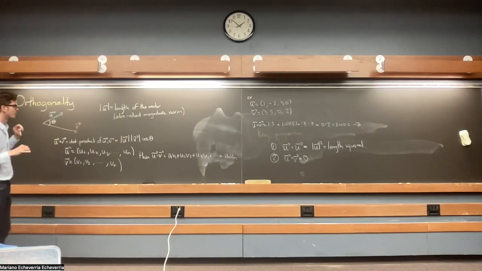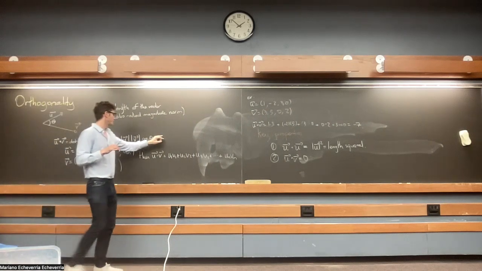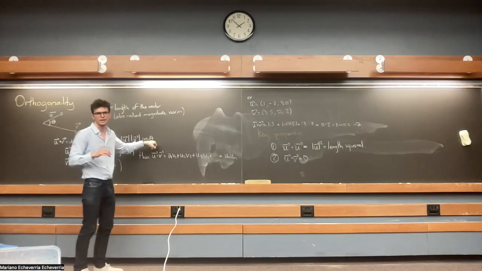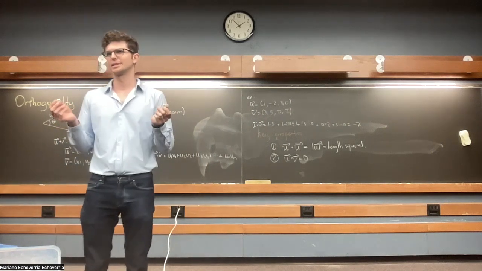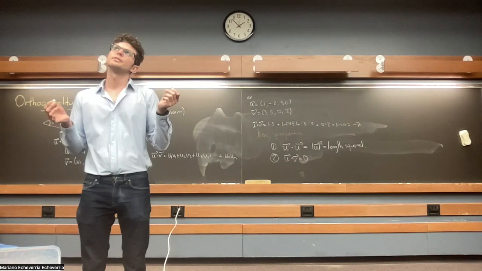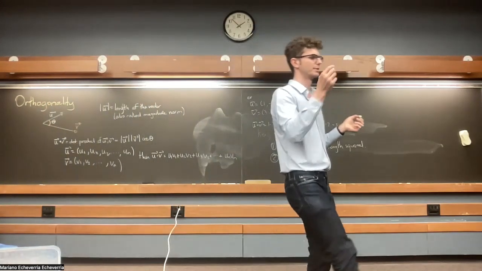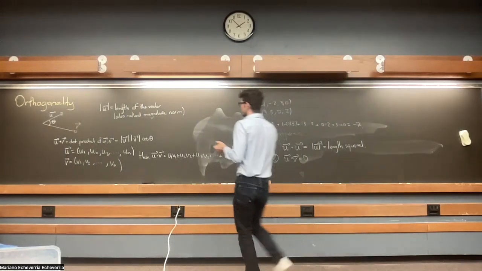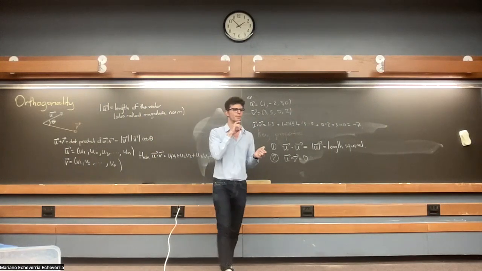If the dot product of two vectors is zero, then this formula is set equal to zero, and if their lengths are non-zero, that means the cosine of the angle has to be zero. For cosine to be zero, the angle would be 90 degrees. It could also be 270 degrees, it's just that by convention the angle between two vectors is between 0 and 180. In any case, the vectors would be perpendicular.